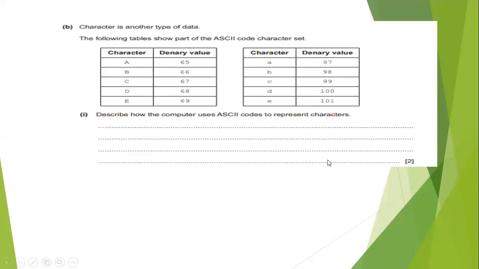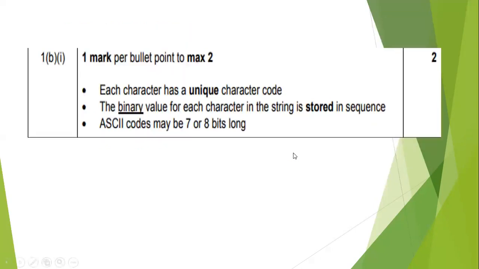Here is the exercise on the American Standard Code for Information Interchange. It says character is another type of data. The following table shows part of the ASCII code character set. Describe how the computer uses ASCII code to represent characters.